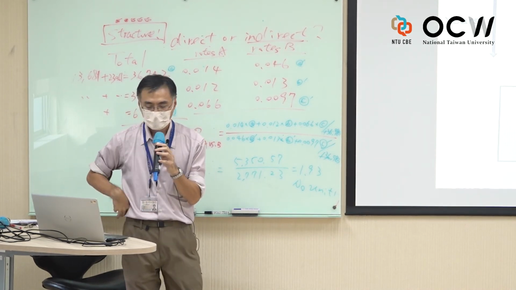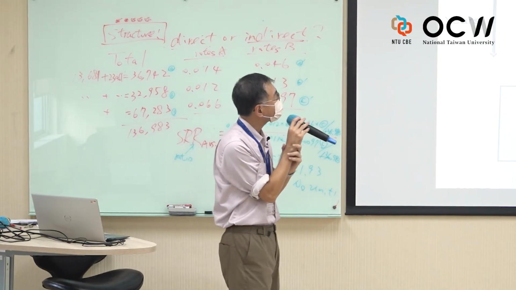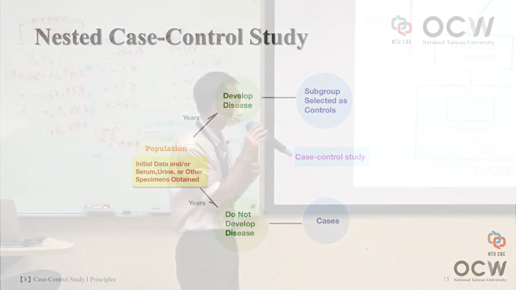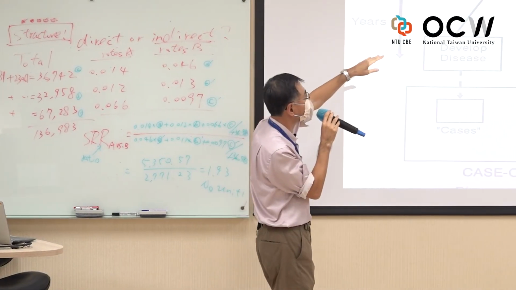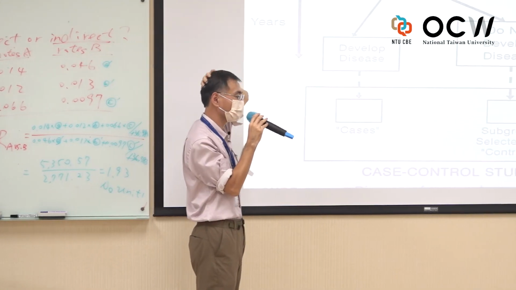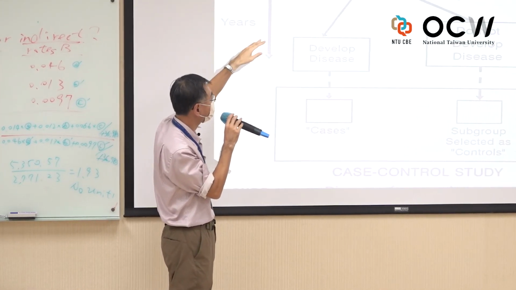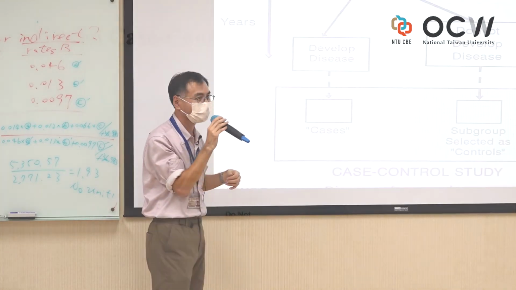Okay. And this is a case control study design, which is a specific one because it's nested in an ongoing cohort. The upper part is a typical cohort study. So we just identify a study population and follow up for a period of time.